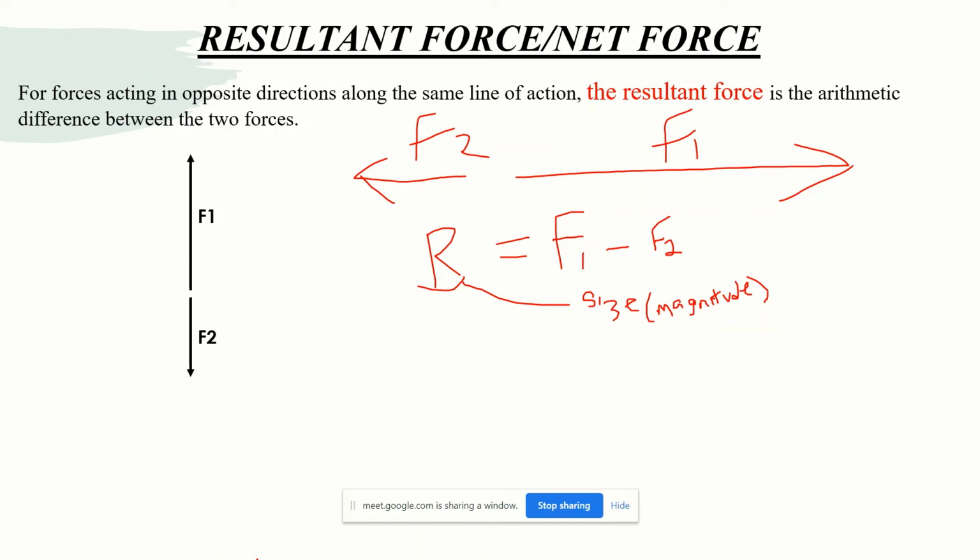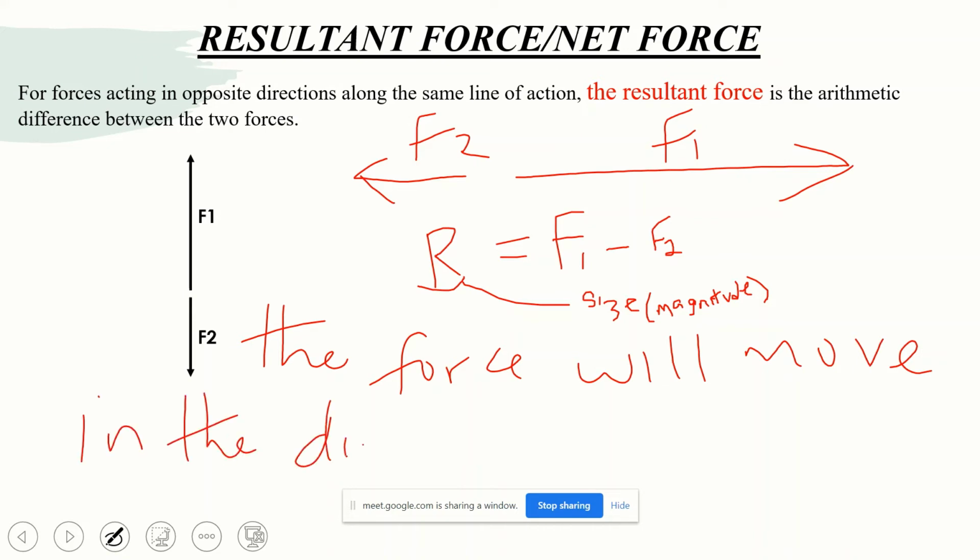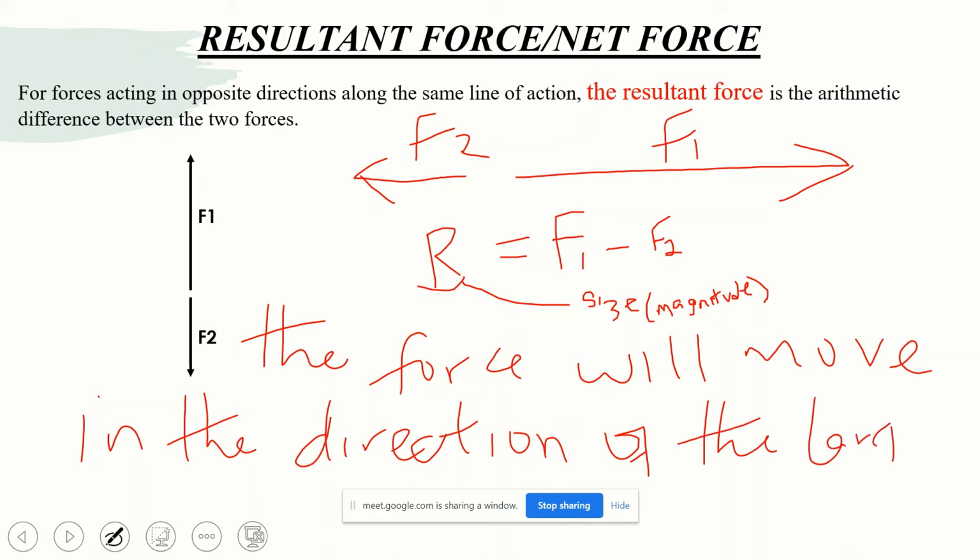So I can say the forces move in the direction of the larger force.